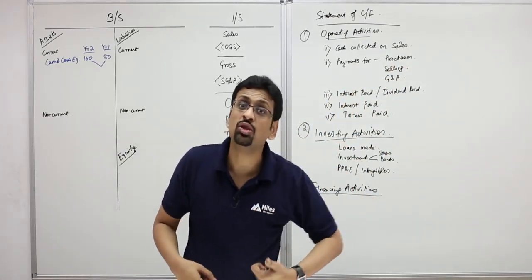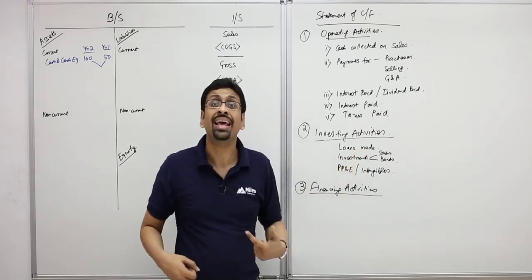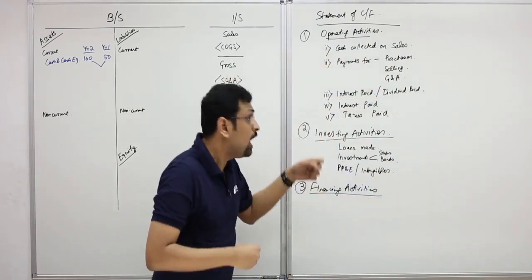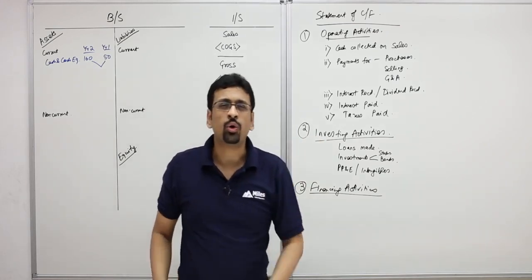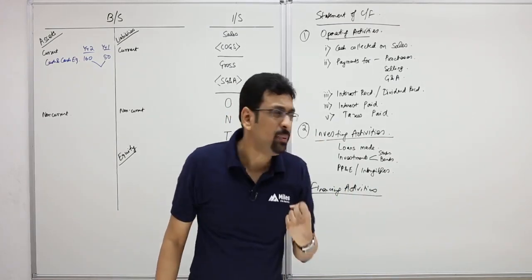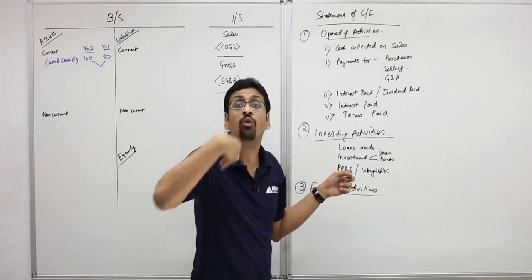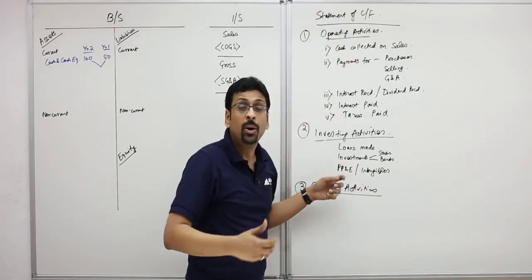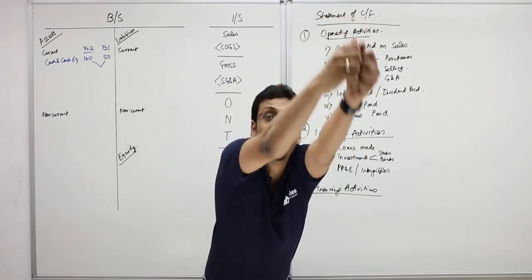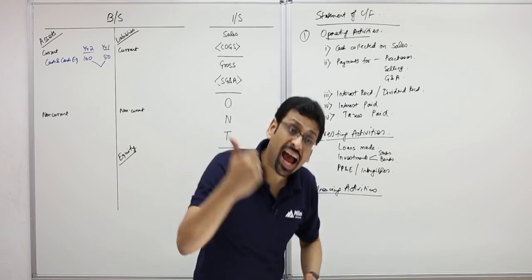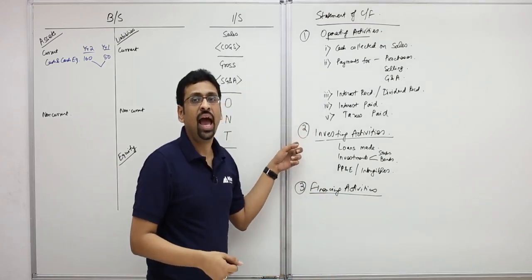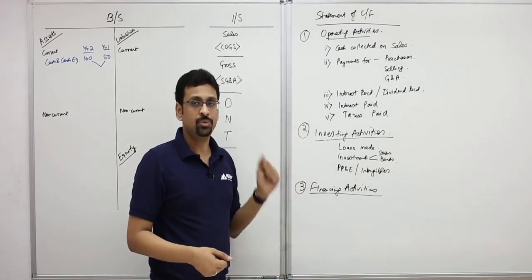But when you sell those investments, when you sell those stocks and bonds, that's a cash inflow again from investing activities. When you go out and buy your PP&E, that's a cash outflow. You've got to pay them out. But when you sell your PP&E, that's a cash inflow, cash comes in. So we're looking at cash outflows and inflows from investing activities due to these items.